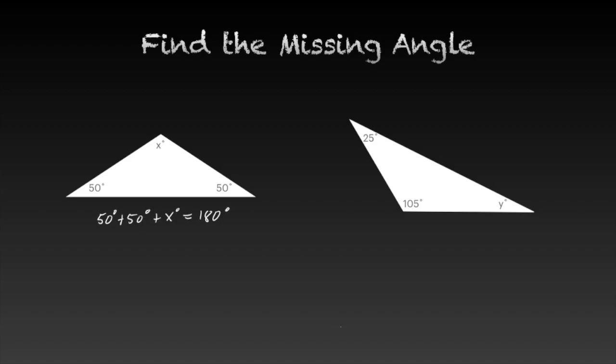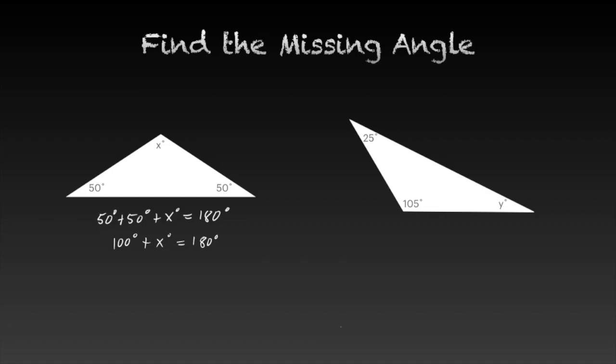So now you need to solve for your variable here, x. So to do that, I'm going to add the first part. I'm going to add 100 degrees plus x equals 180 degrees.